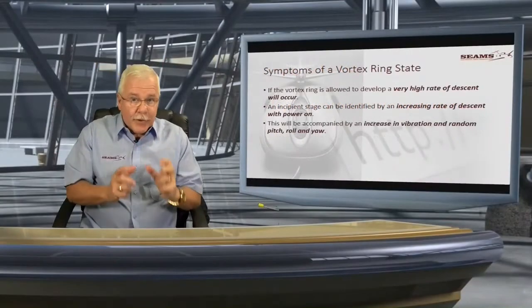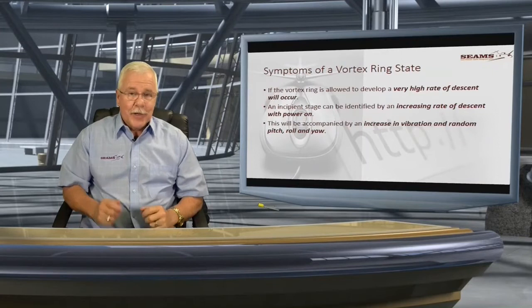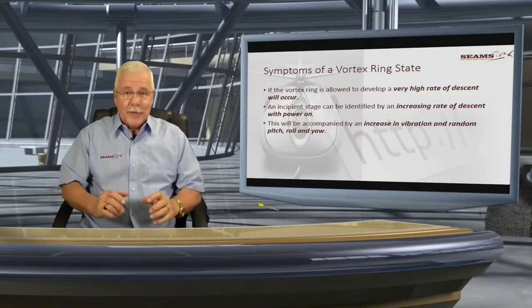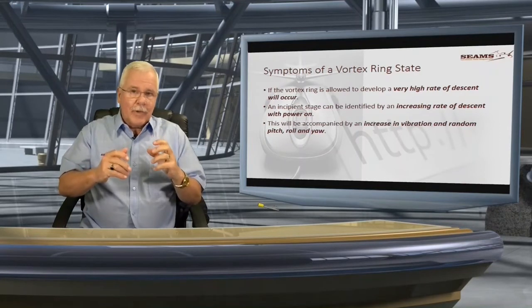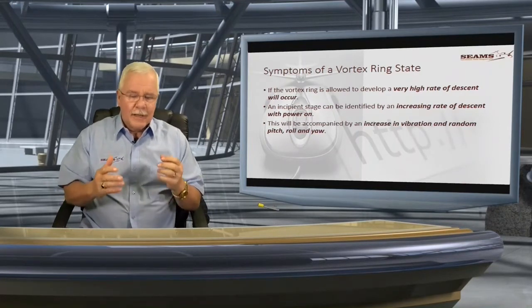Now, the vibration part is the part where everybody struggles, because all of a sudden we're sitting there and the aircraft starts vibrating and you actually think that you're in a vortex ring state. And if you think that you're in one or you're really in one, you're going to take recovery action.